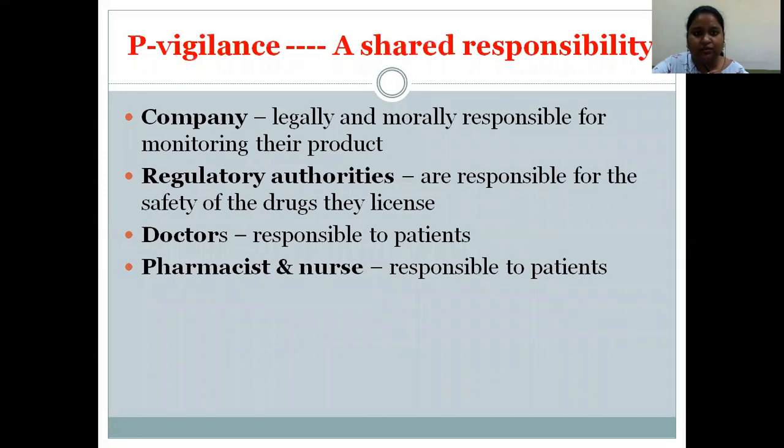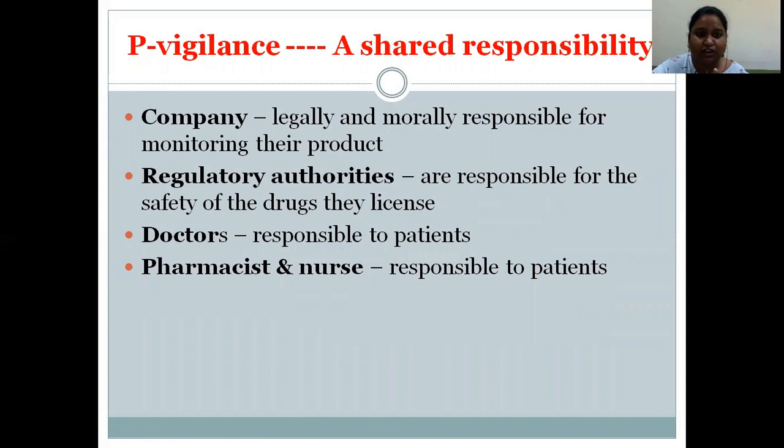So as we know, the responsibility for the vigilance of the drug is shared between the different product companies, the pharmacists and the regulatory authorities. Here they are lined up with different responsibilities. If we talk about the company, they are legally and morally responsible for monitoring their product.